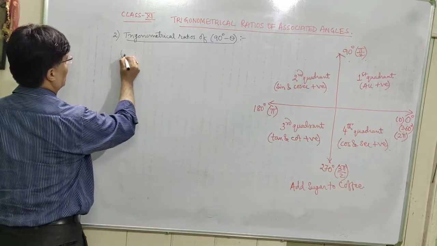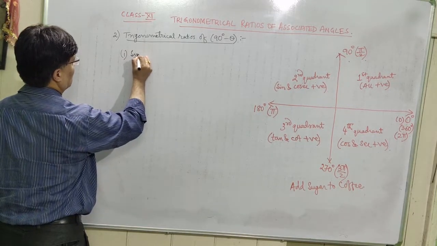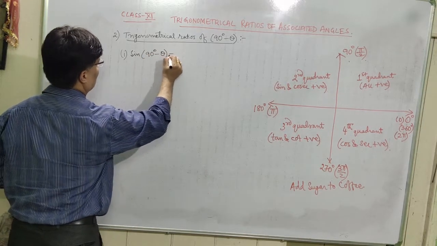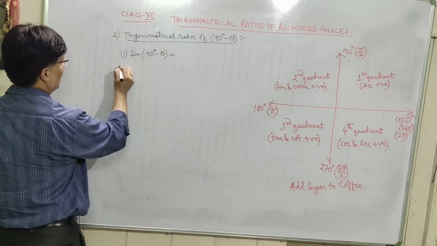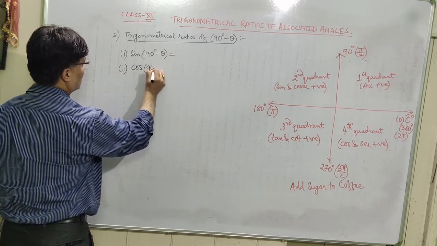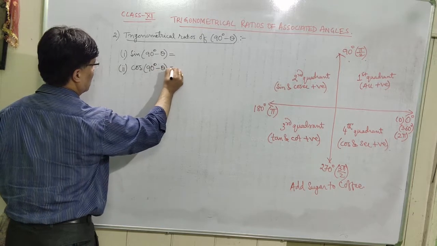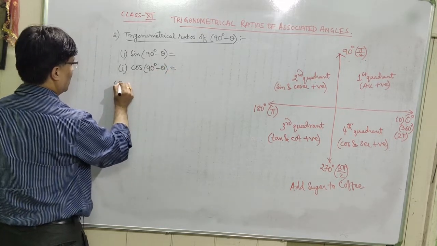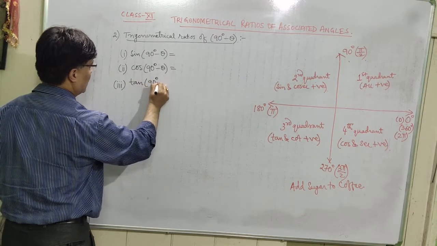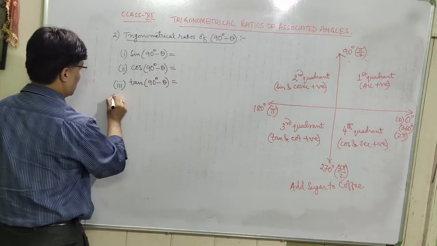Okay. So number 1, it is sine 90 degree minus theta, which is equal to, now let us write down the formula first. It is cos 90 degree minus theta. Number 3, it is tan 90 degree minus theta.